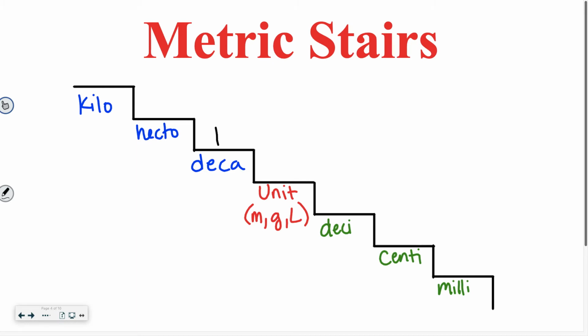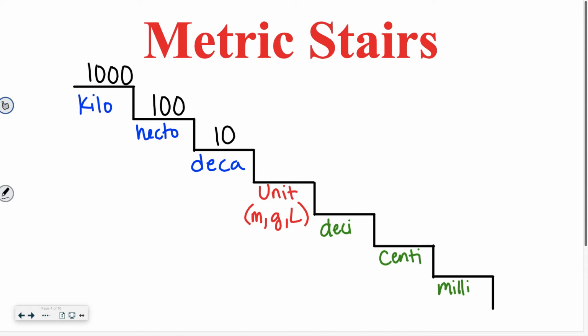If we start at the unit and get bigger, this is multiplying by 10, multiplying by 100, multiplying by 1,000. So if it was 5 meters, a decameter would be 50 meters, a hectometer would be 500 meters, and a kilometer would be 5,000 meters.